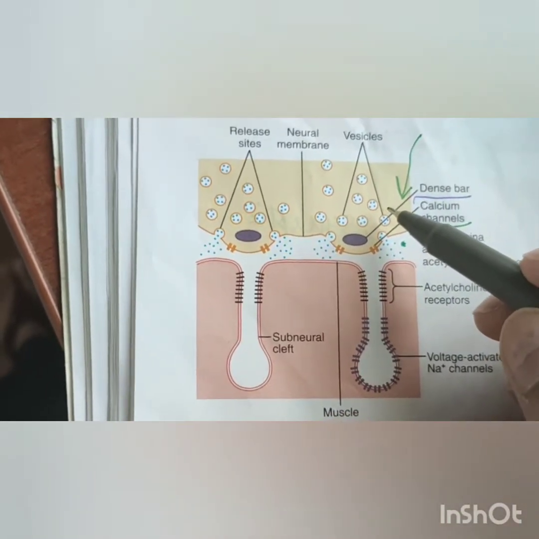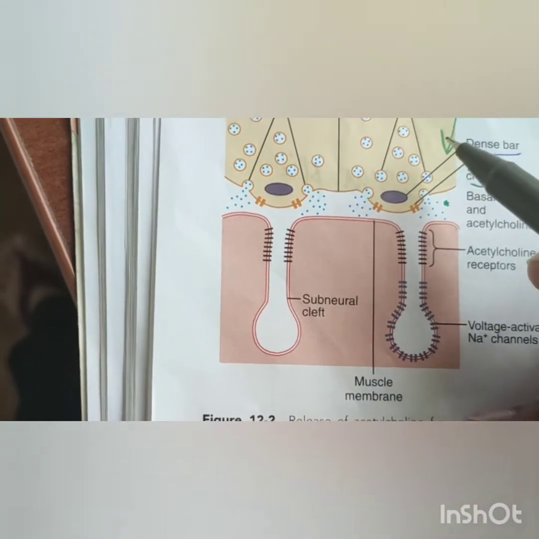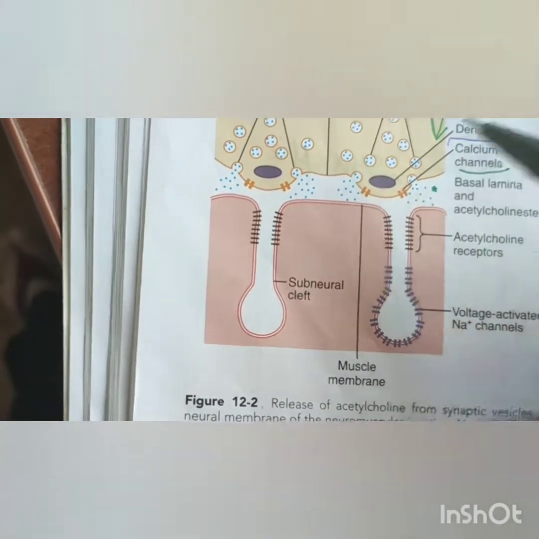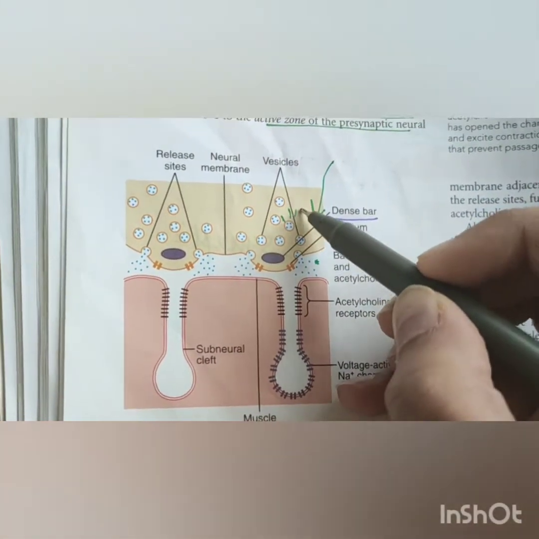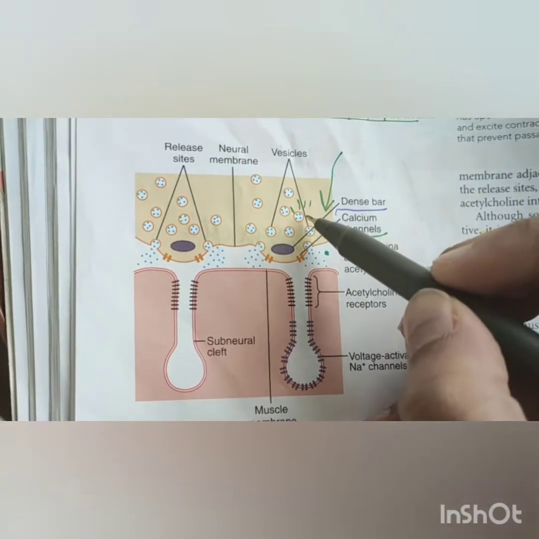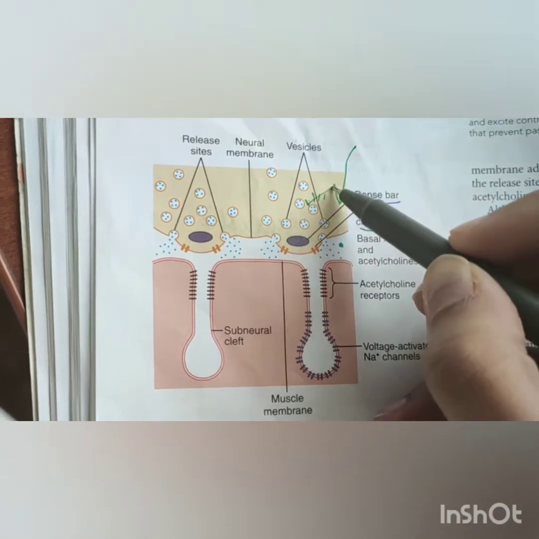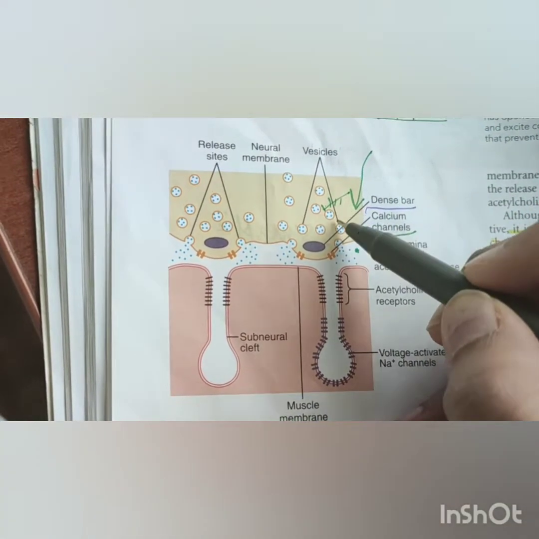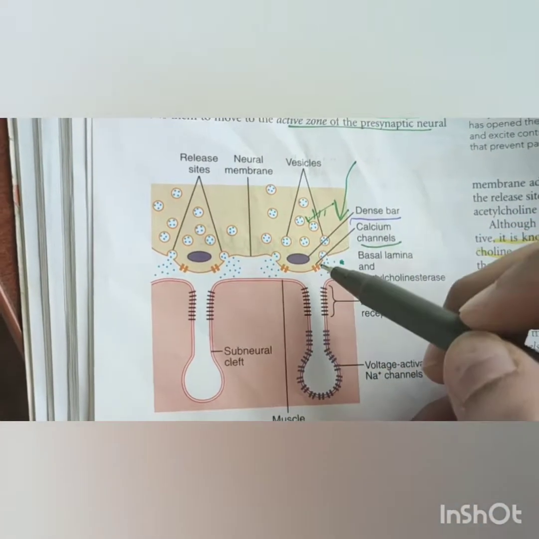It frees the acetylcholine vesicles. These were earlier held by the cytoskeleton of this region, and when they are freed from the proteins and the cytoskeleton, they move to the active zone of the presynaptic membrane.